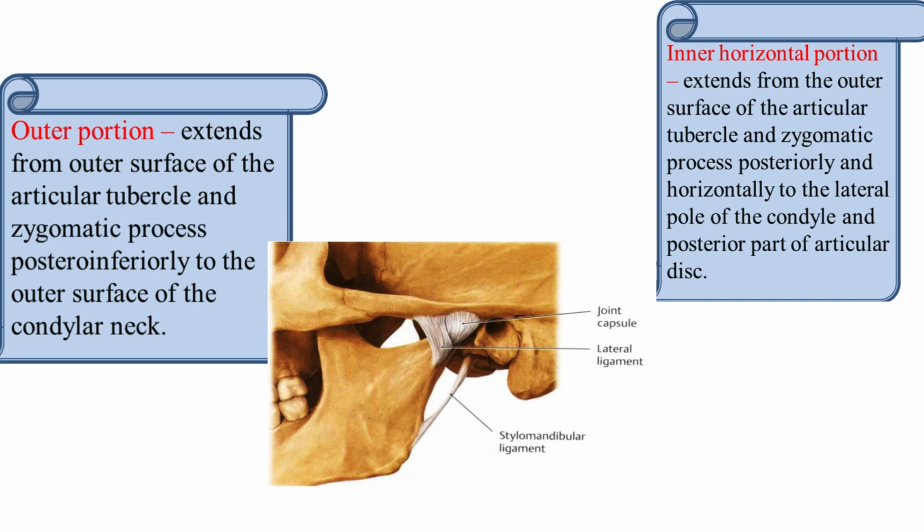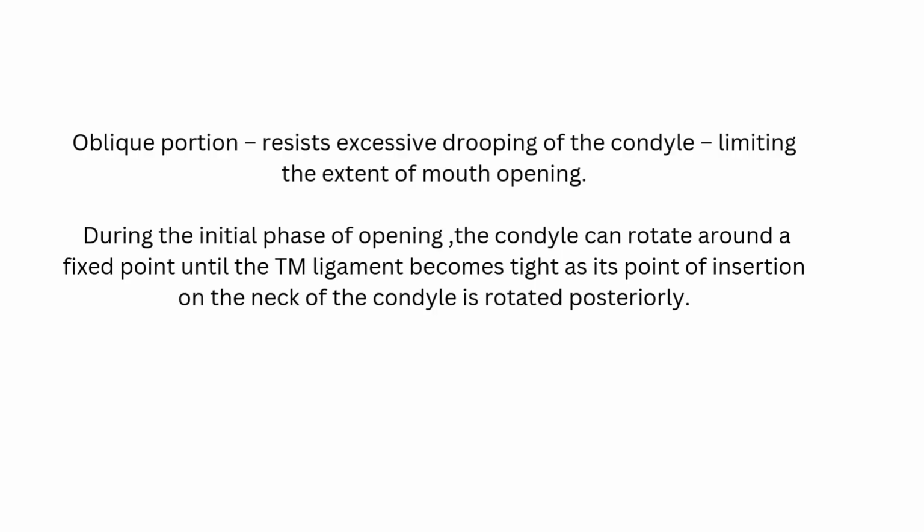The inner horizontal portion extends from the outer surface of the articular tubercle and zygomatic process posteriorly and horizontally to the lateral pole of the condyle and the posterior part of the articular disc. Got it? Basically, the oblique portion of the temporomandibular ligament limits or prevents excessive mouth opening.